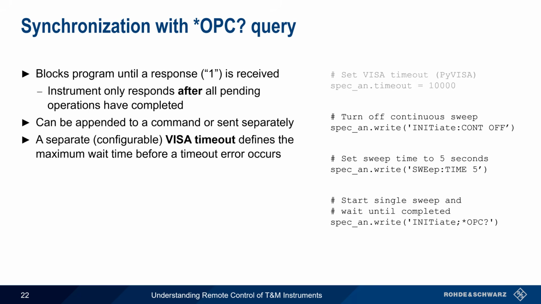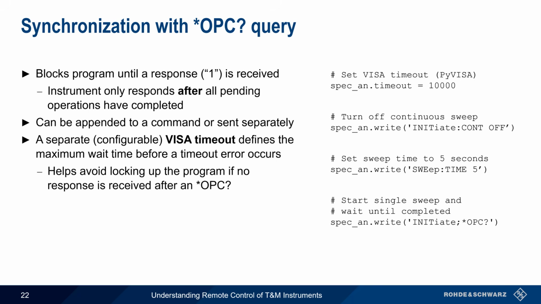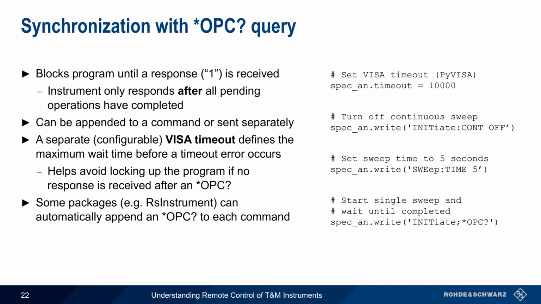Note that a separate user-configurable VISA timeout can be defined as well. This timeout can be used to avoid locking up the program if no response is received to an OPC. It's also worth noting that some packages, such as RS Instrument, can be configured to automatically append an OPC to each command, rather than requiring the programmer to add one at each step.